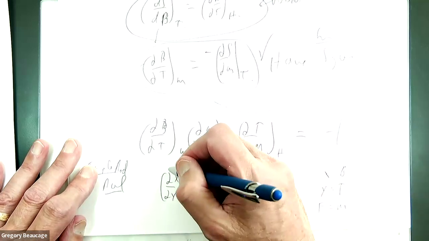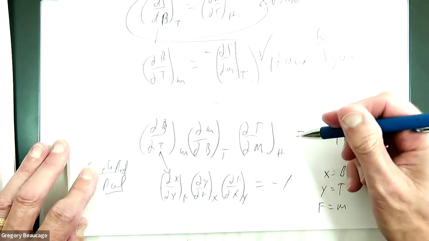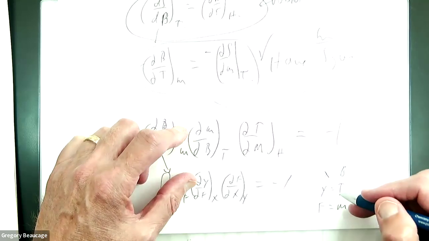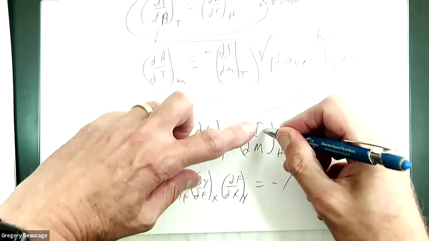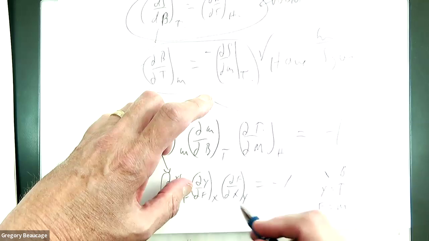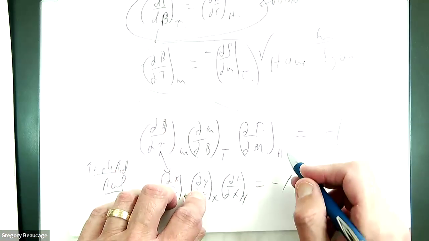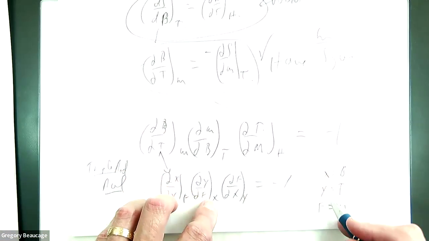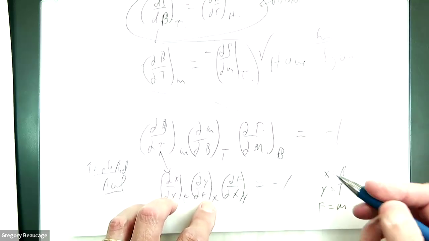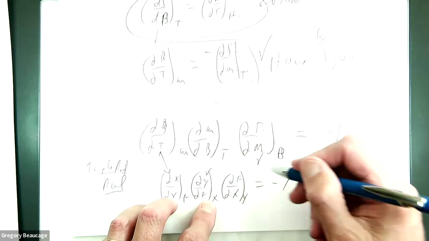So this one, that means that and that are the same. Then if I say dy, that's t, and dm is f, so that's dy/df at constant x, which is b here. So that one's that one.